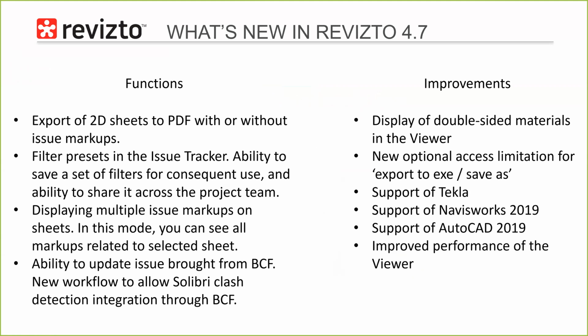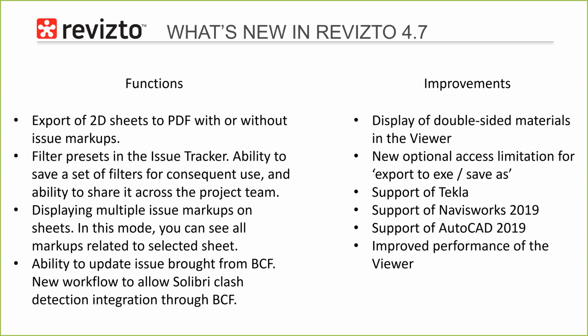The big things that we'll be talking about today are our ability to export PDF and what all functionality is entailed in that. We're going to be talking about filter presets in the issue tracker and why they are going to be so important moving forward, from everything from reporting to creating custom environments, as well as printing PDF markups.